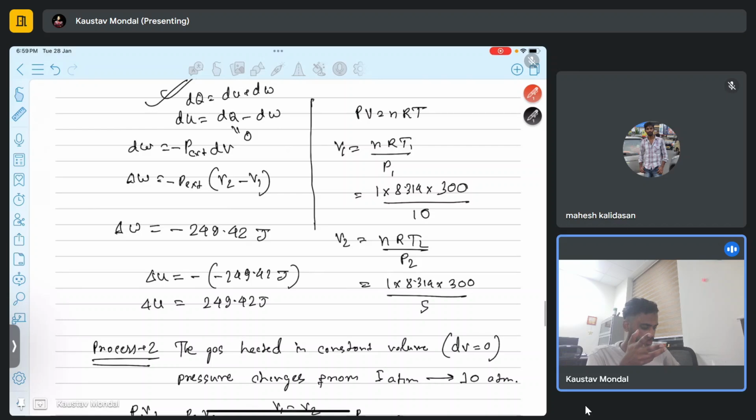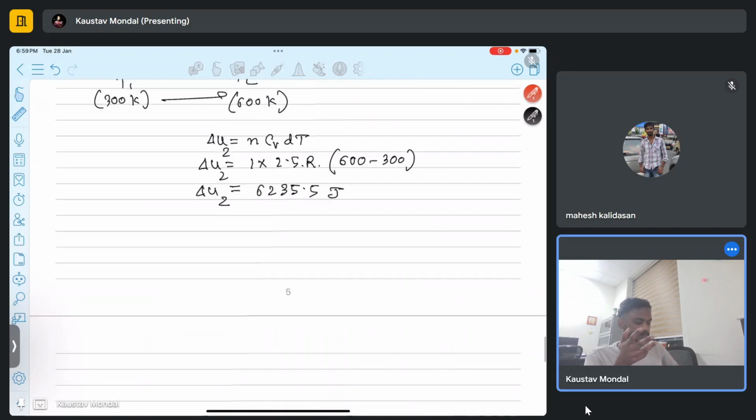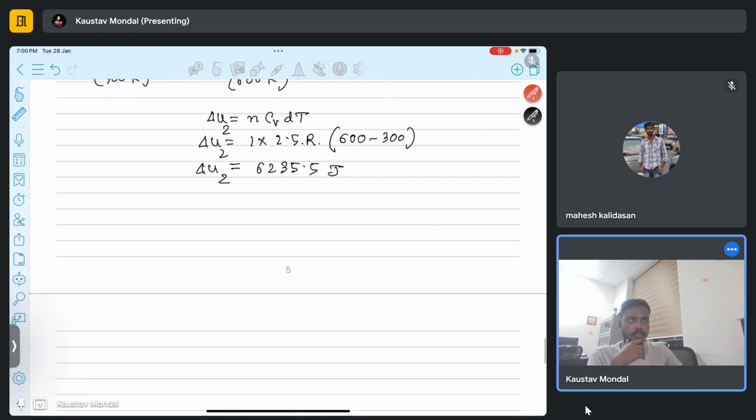Similarly, let us use delta U1 for the first process. Now the total change you can easily calculate. Delta U total would be delta U1 plus delta U2.